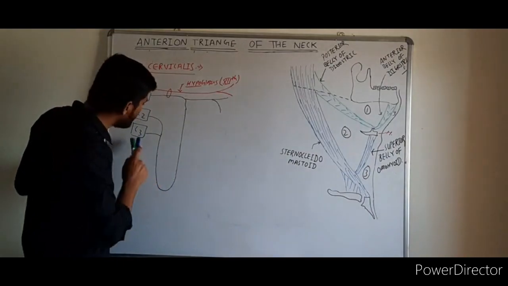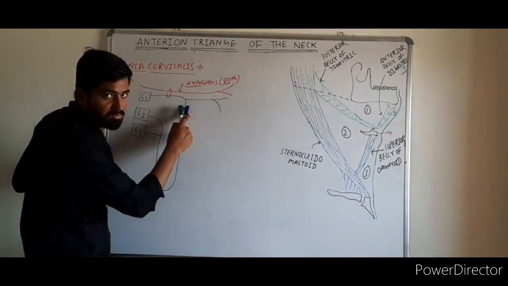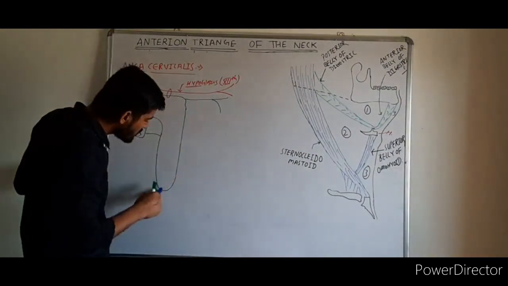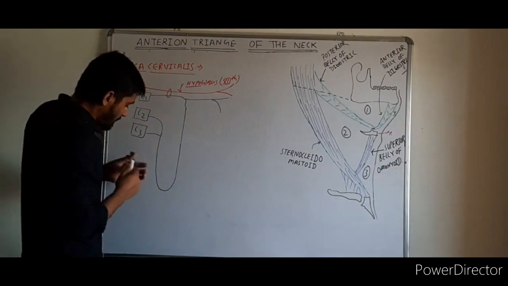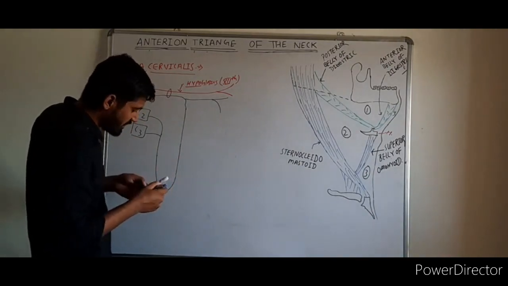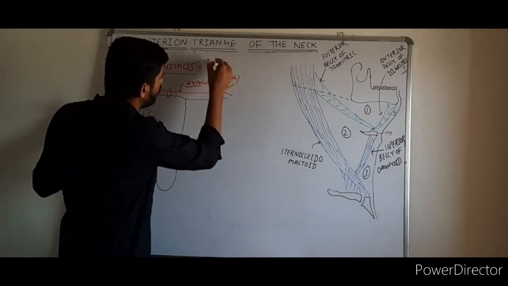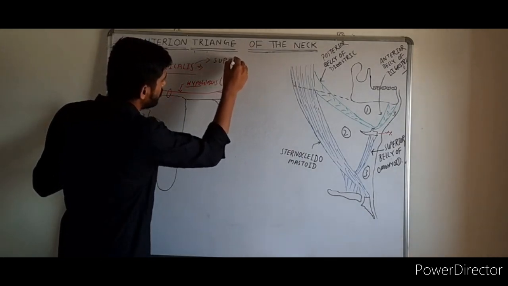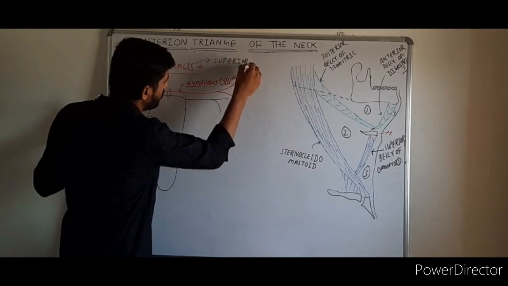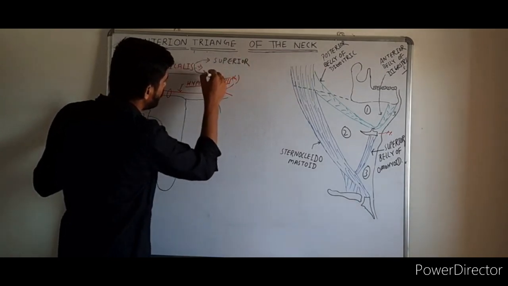Now just see. The ansa cervicalis is a U-shaped nerve structure. It has two roots. First is the superior root and second is the inferior root.